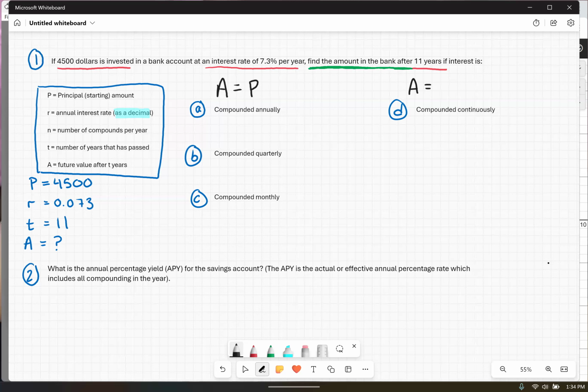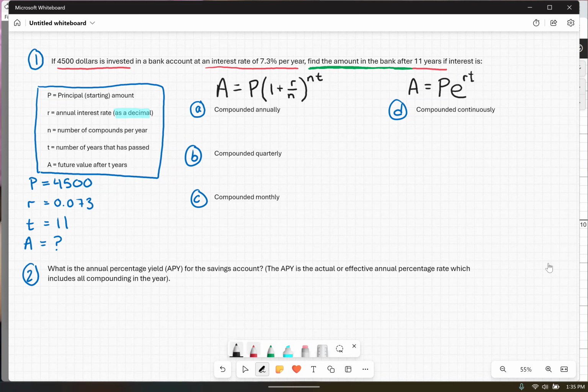That's P, the principal, times 1 plus R over N, raised to the power N times T. And if the interest is compounded continuously, that's the one where we're using the natural exponential base, the number E. P times E raised to the power of R times T. The exponent is only affecting the E. Exponents first and then multiplication. So P times E to the RT.